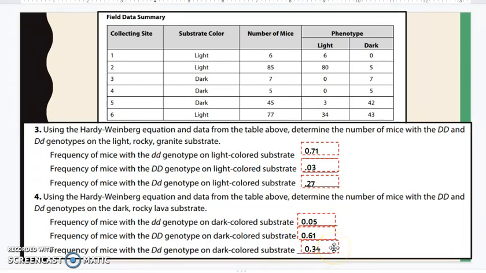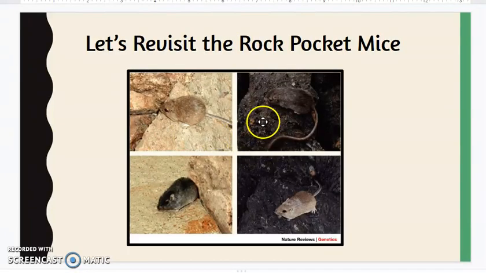The reason I use that data is because only 5% of the mice trapped on the dark lava have the light phenotype, whereas on the granite substrate, roughly 30% actually have the dark phenotype. So on the lava rock, having the lighter phenotype is greatly selected against. Or you could say that having a dark phenotype on the lava is highly selected for.